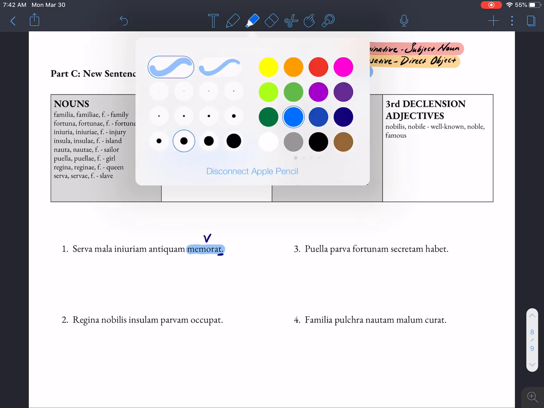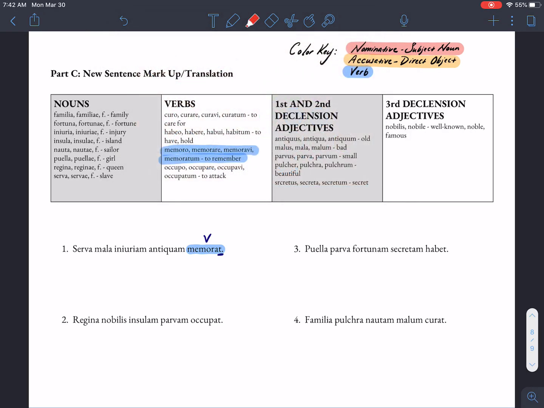Do we have one? We do. It's serva. And look at that, serva is right next to mala. So visually you can even tell that they match in gender, number, and case. They agree. So we've got serva, your noun, and malus, mala, malum, your adjective, meaning bad.